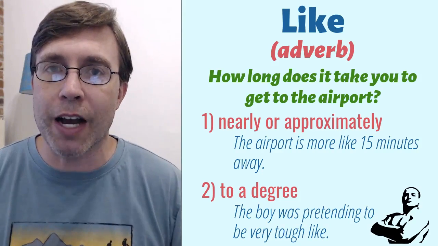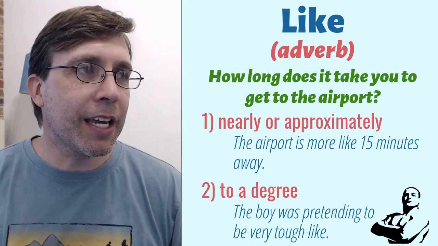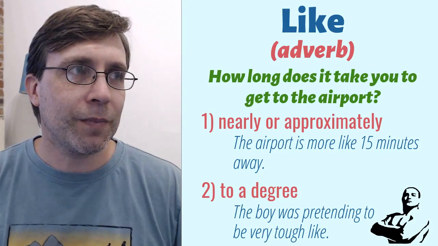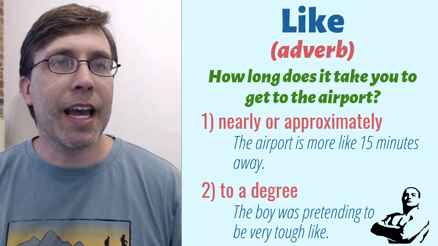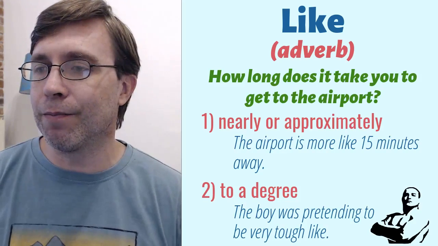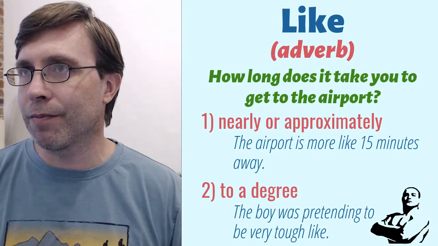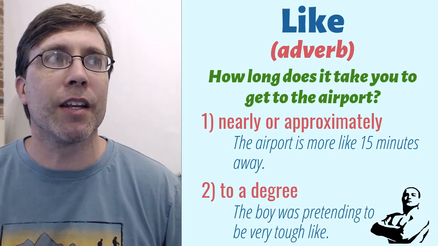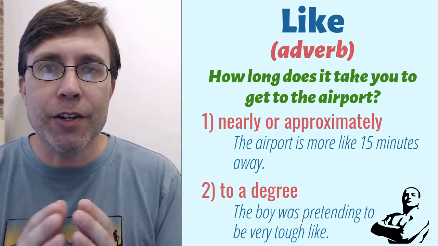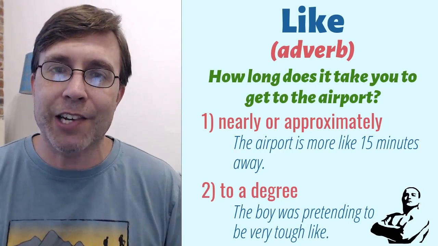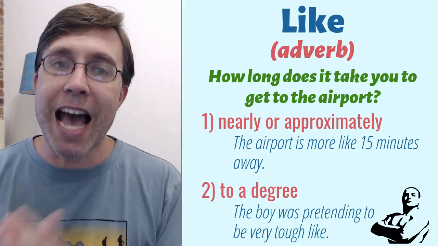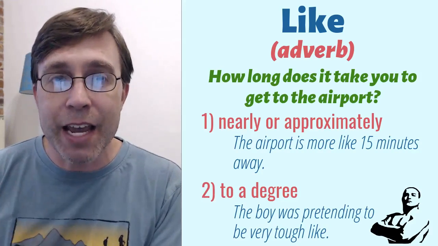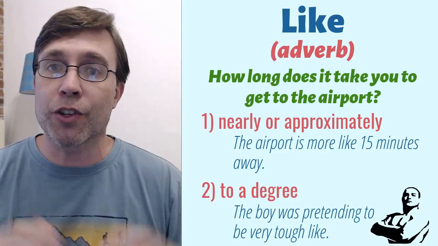When you want to describe somebody, he entered the room all like nonchalantly like. And you're describing somebody with an adjective, saying tough and then adding like to the end, saying that they were like this thing to a certain degree.